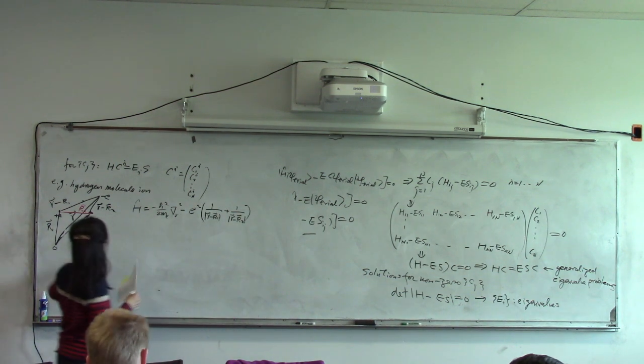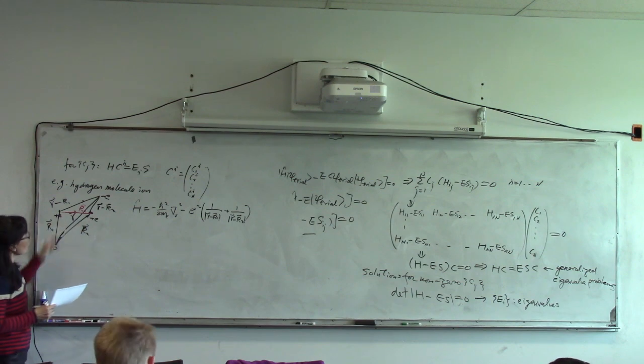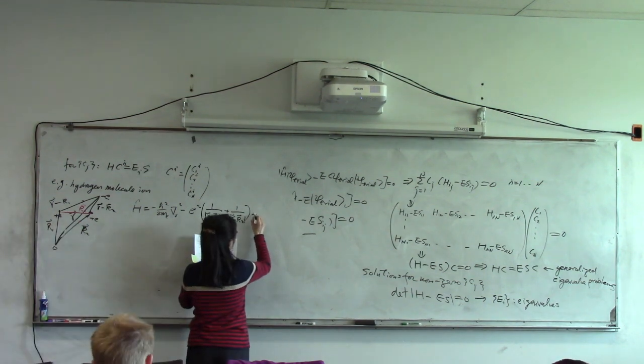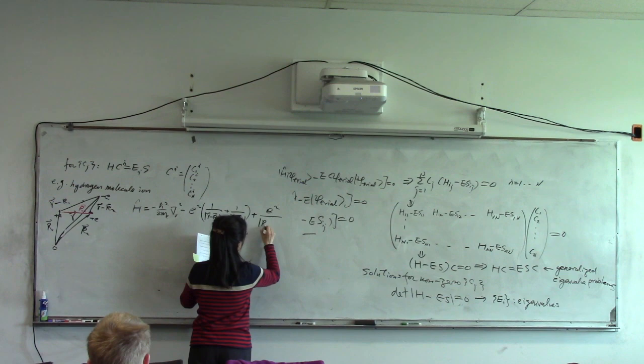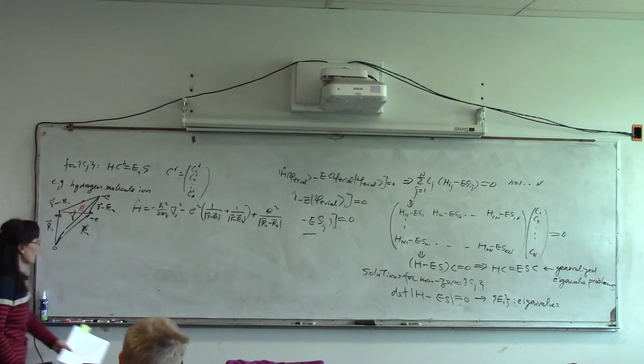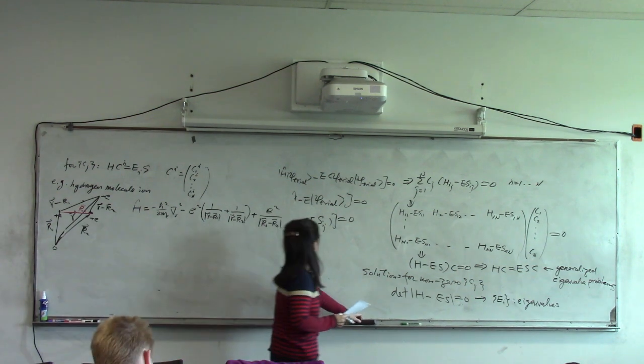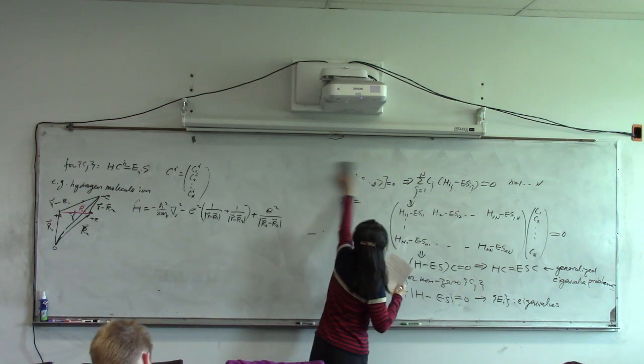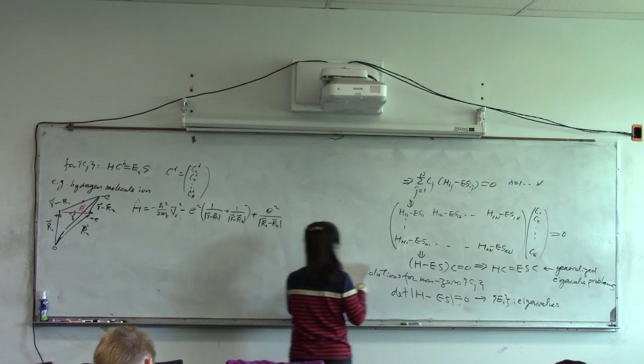And then here, we also need the interaction between the two nuclei. That is repulsive: 1 over |R1 minus R2|. Okay, so those are the terms of the potential in the Hamiltonian.